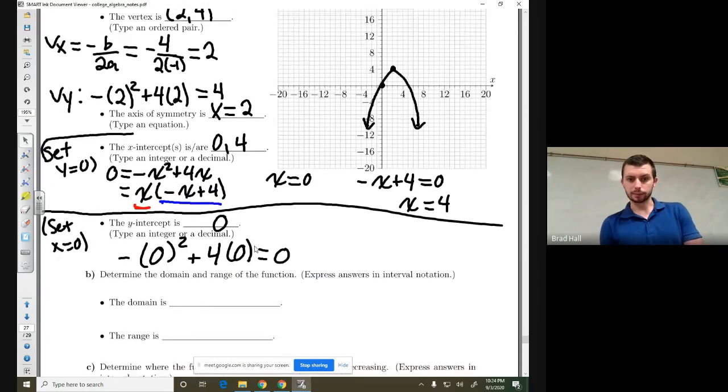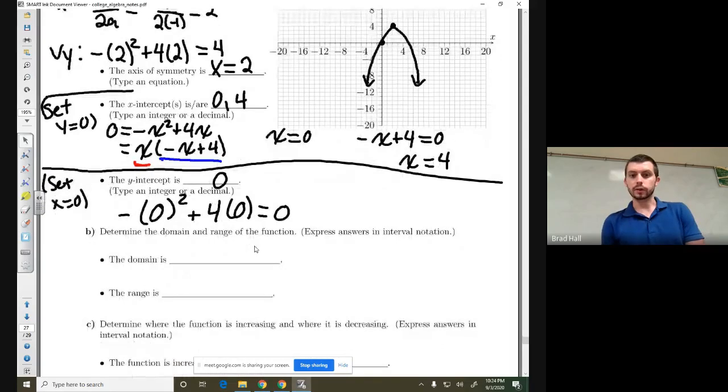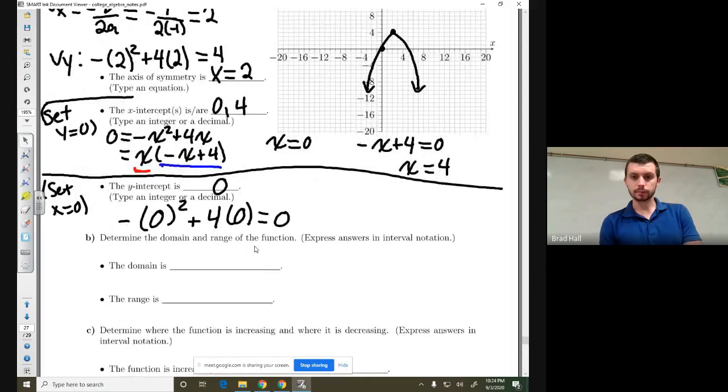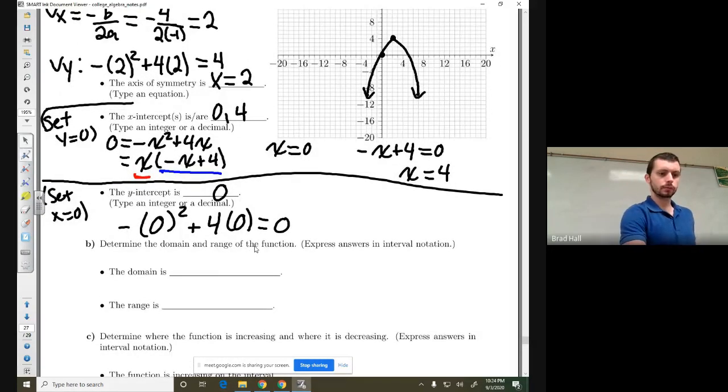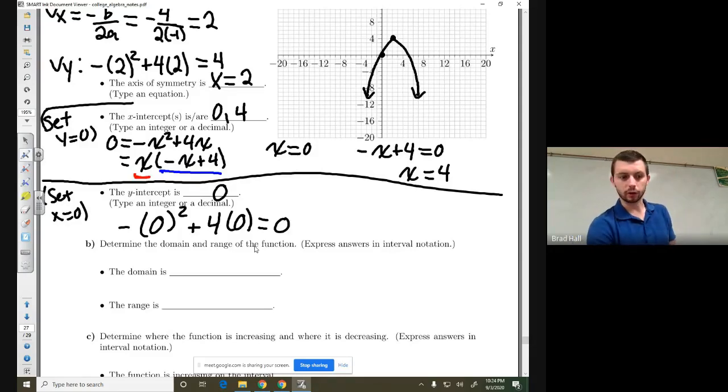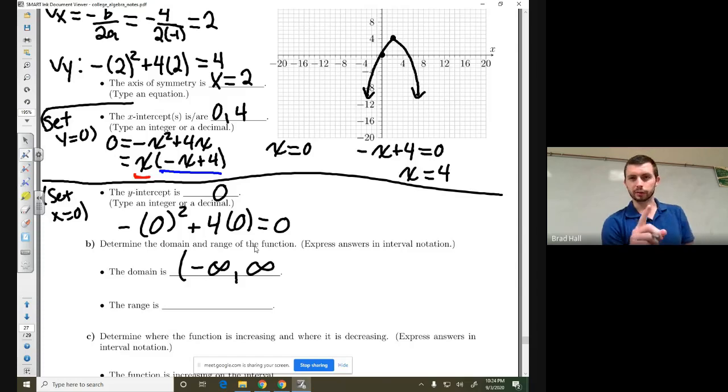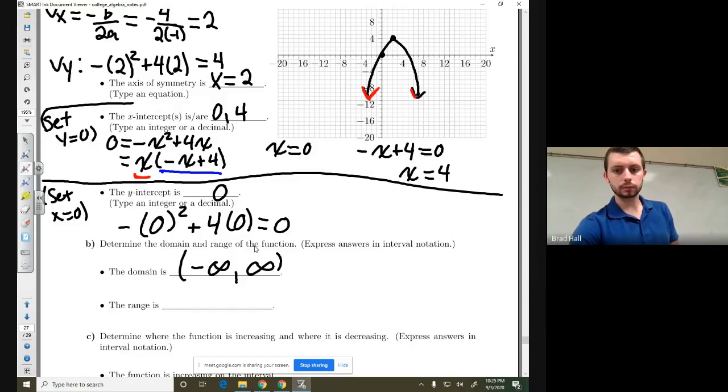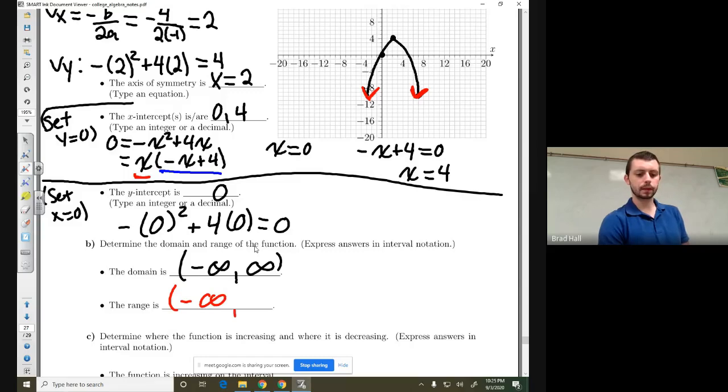Now that we have the graph, we can determine the domain and the range. Remember, the domain is all real numbers, just because there's arrows on both the left and the right side. And the range, lowest we can go, which is negative infinity.